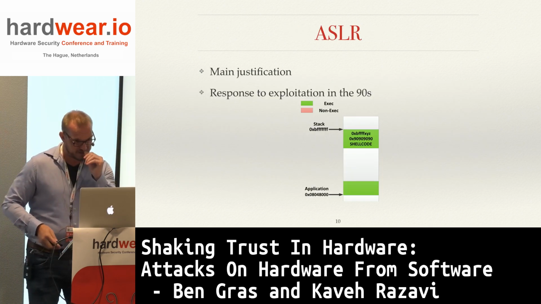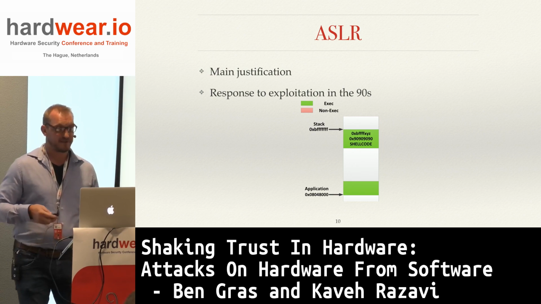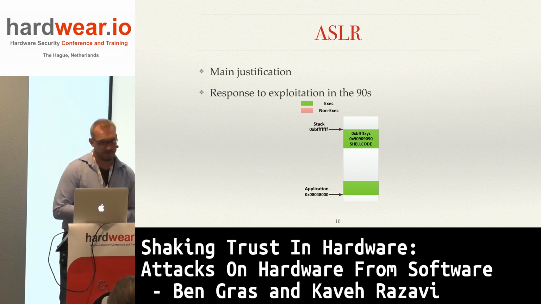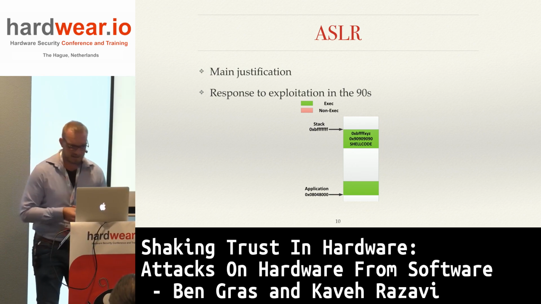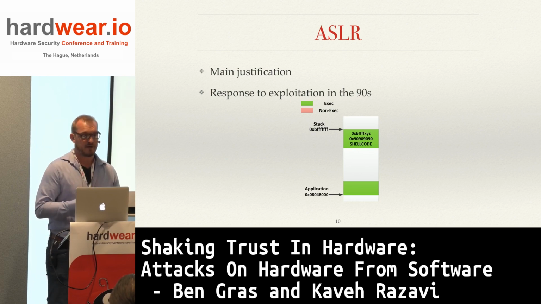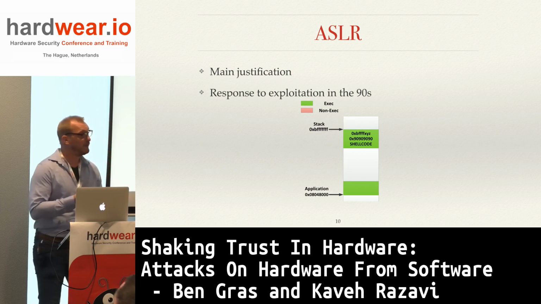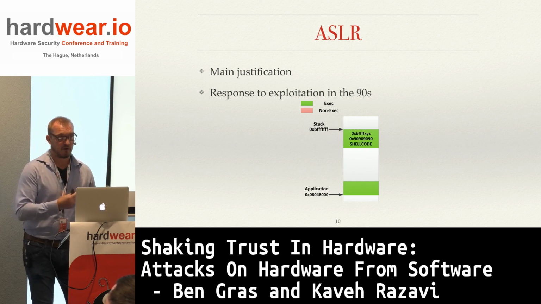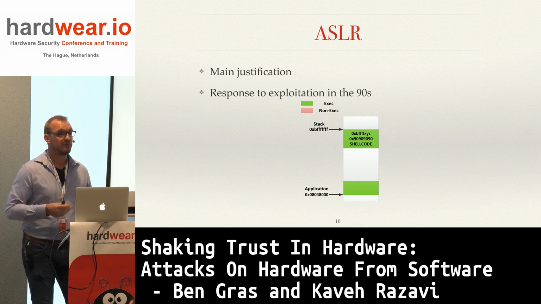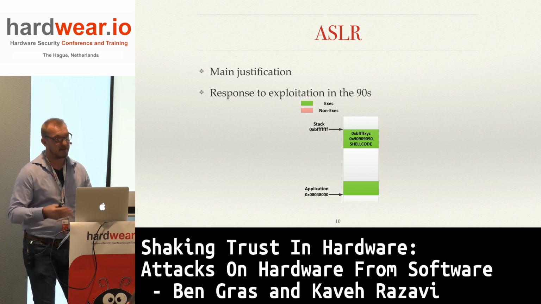So what is the point of this? Why is this a security problem? Well, that goes all the way back to the 90s. In the 90s, the stack was typically always mapped at the same place. The stack was executable, and the application was mapped at the same place. That means that if you have even a single memory error, like a buffer overflow on the stack, it makes it possible to override the return address on the stack.